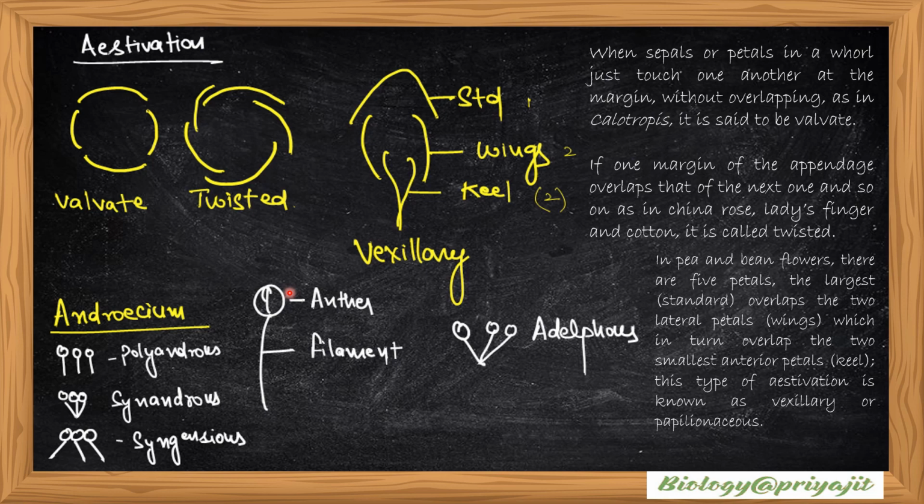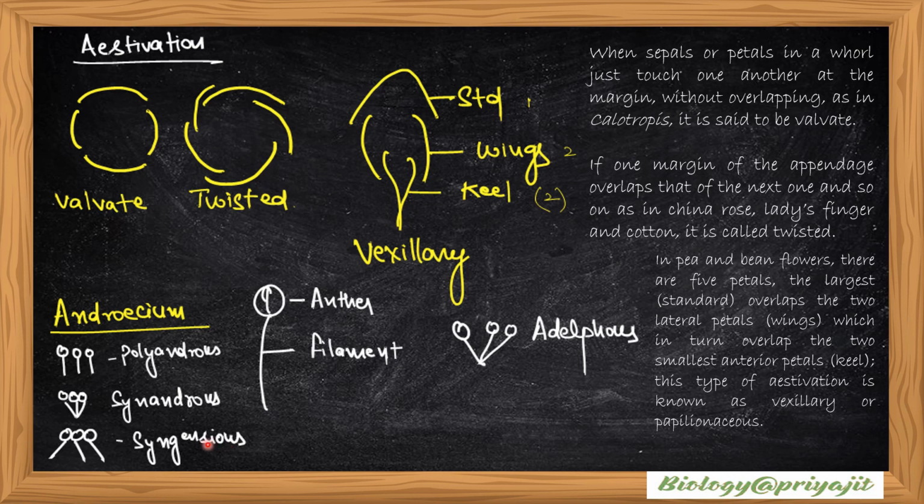When both the anthers and filaments are fused with each other, it is called synandrous condition. When the filaments are separated from each other but the anthers are fused, the condition is called syngenesious.